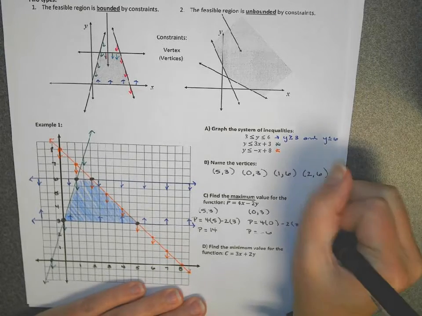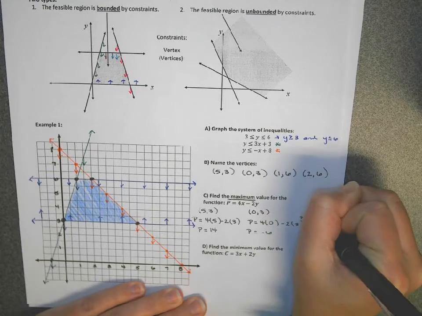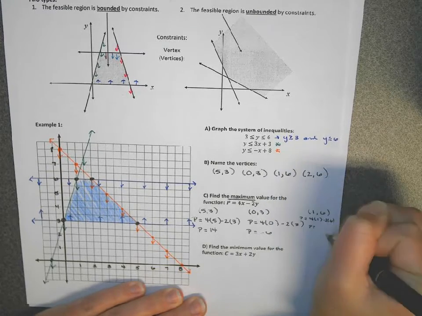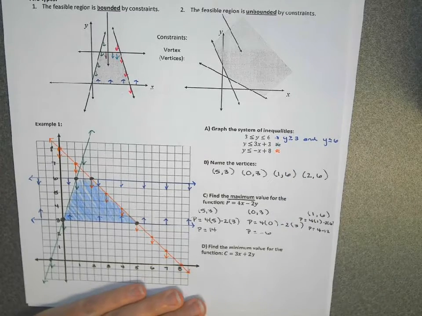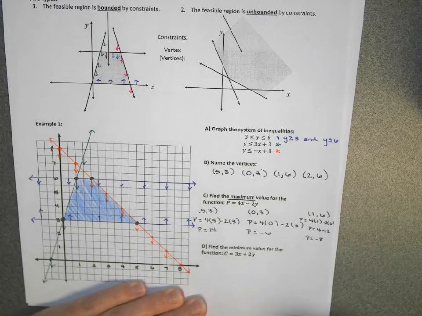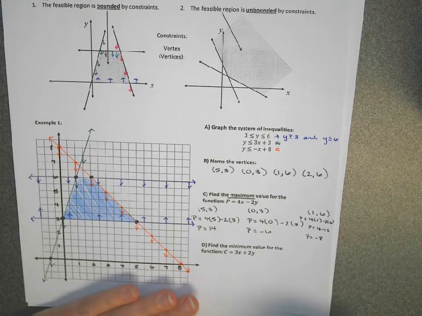The next one would be 1, 6. The profit equals 4 times 1 minus 2 times 6. Profit will be 4 minus 12, which is negative 8. Well, that's not a good one. The last one that we haven't done is 2, 6.